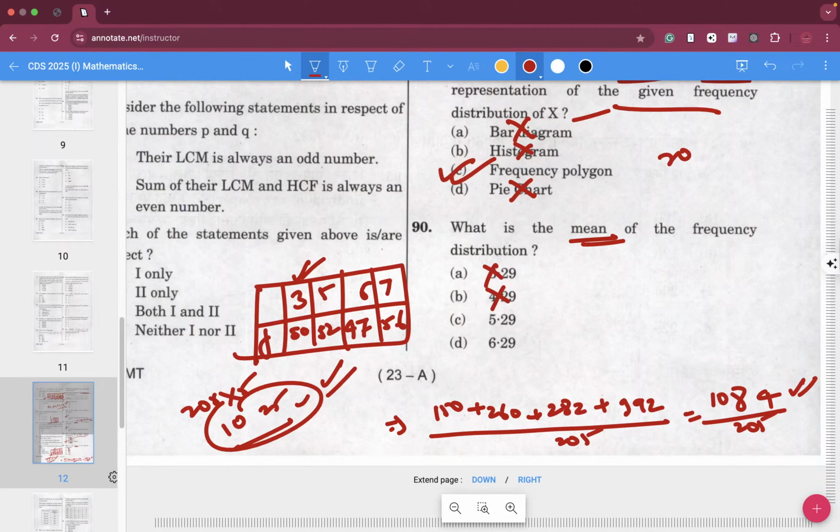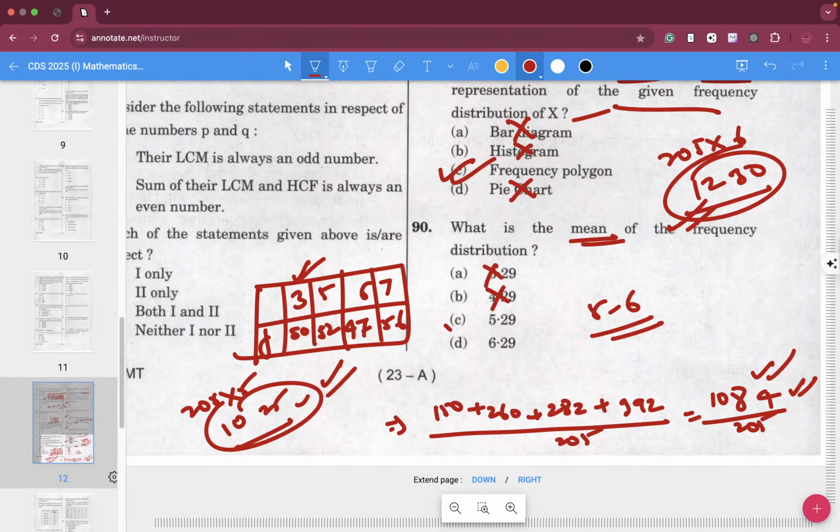But this value is less than 6 times 205, so the value has to lie between 5 and 6, and hence C will be the answer. The only value between 5 and 6 here is 5.29. That's why 5.29 will be the answer to this question, folks.